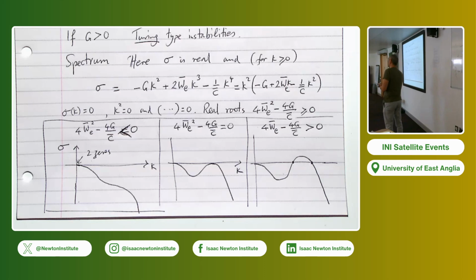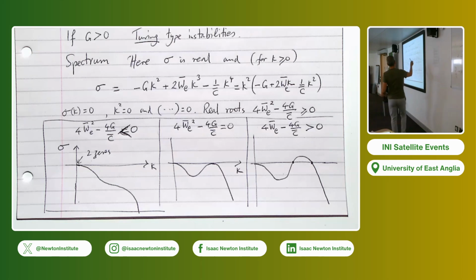That's always destabilizing. And then there's a k squared times minus g, so this could be stabilizing if I have the fluid lying above. So, depending on what this value is, or in other words, depending on how strong or how weak the electric field is, I can get different effects.